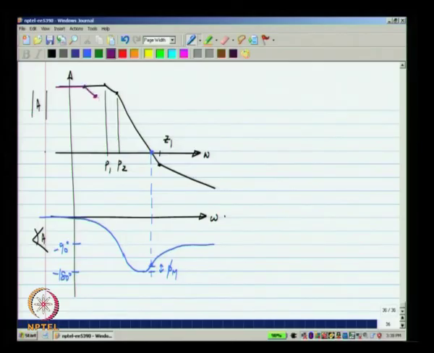The poles can be anywhere, but wherever they are, the 0 has to occur well before the unity gain frequency. This is the unity gain frequency, perhaps a different plot will make it more clear.